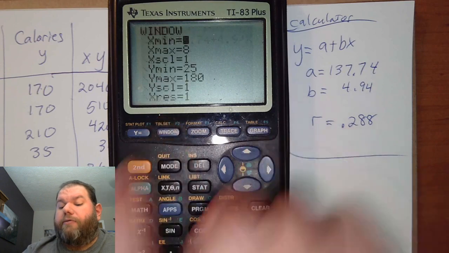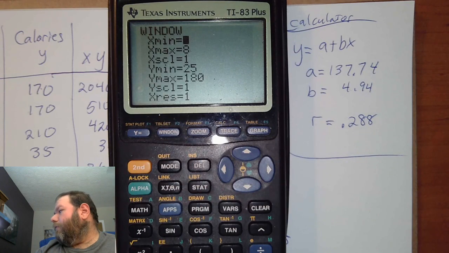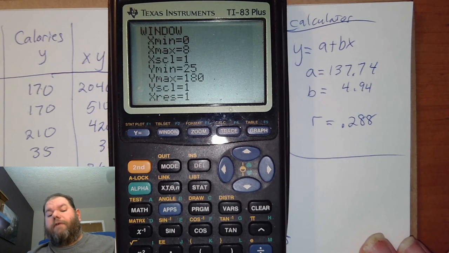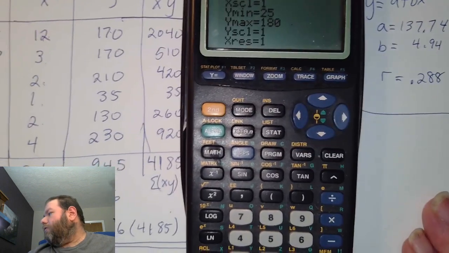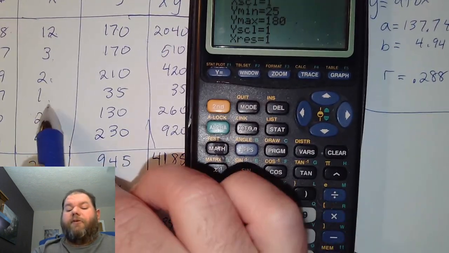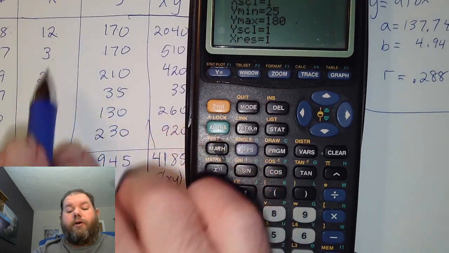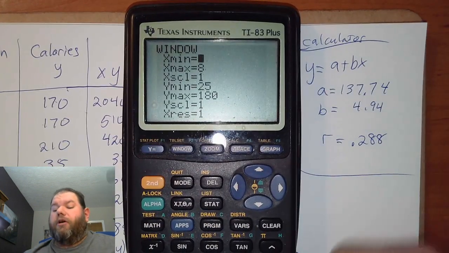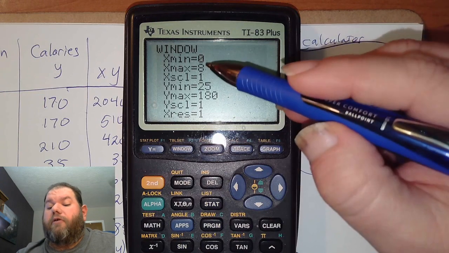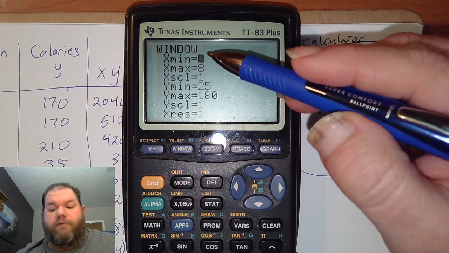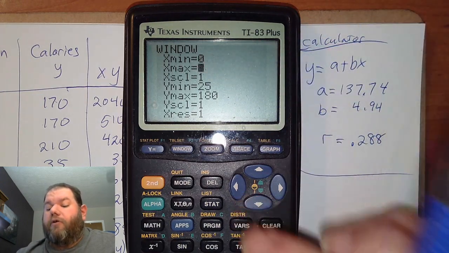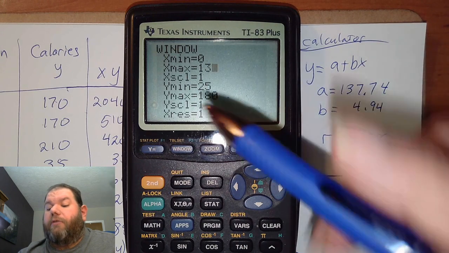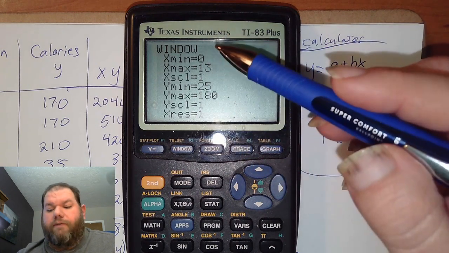Next we'll go to Window. Now our x values range from as small as 1 to as large as 12. Because 1 is our smallest value, I'm going to go a minimum of 0, one step down from 1. And for our maximum, I'm going to enter 13, which is one step up from 12.